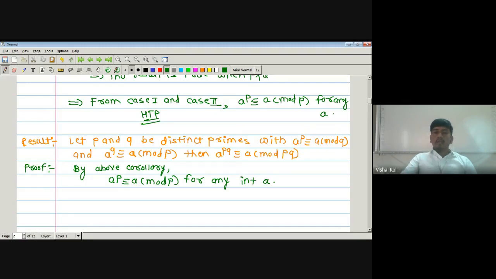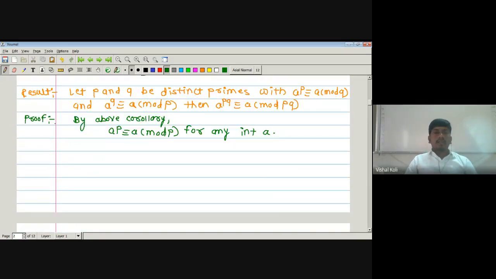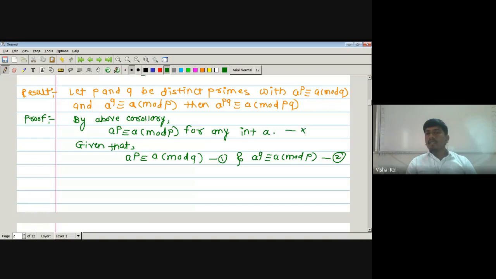And also given that a to the power p is congruent to a modulo q, take this one as equation 1, and a to the power q is congruent to a modulo p, take this one as equation 2. Now as a to the power p is congruent to a modulo p for any arbitrary integer a, take this one as a star, which is true for any arbitrary integer a. Just take a as a to the power q, that is, put a equal to a to the power q.